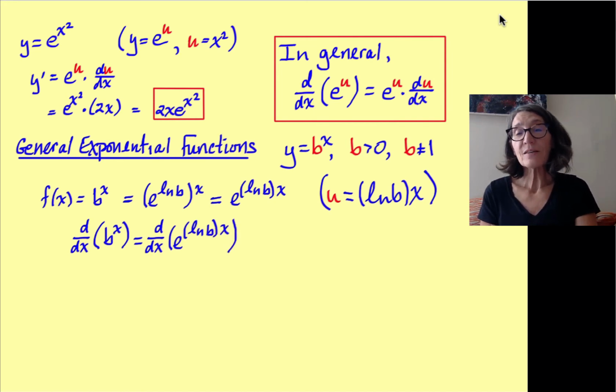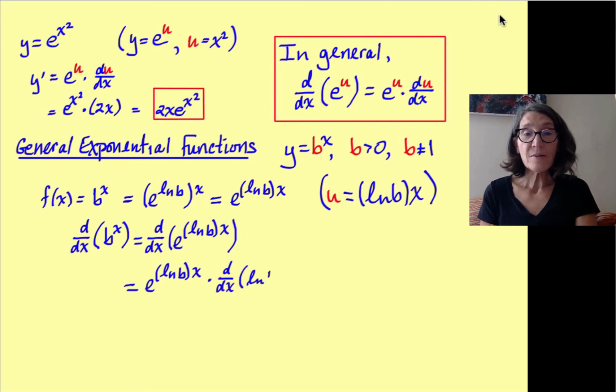And using the formula we have in the box up there, this is going to be the derivative of the outside with respect to the inside. Well, the derivative of e to the u is e to the u, but we're going to multiply by the derivative of the inside. So we need the derivative of natural log of b times x.